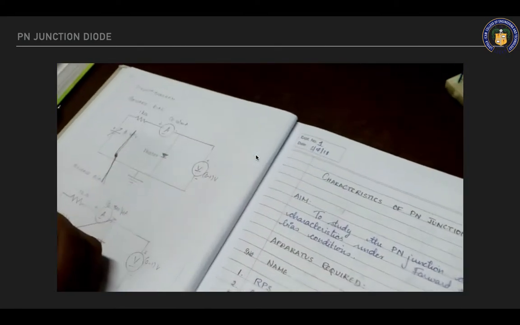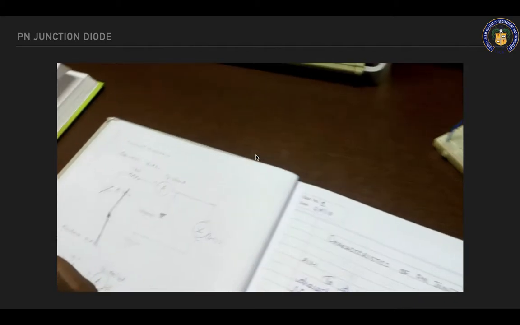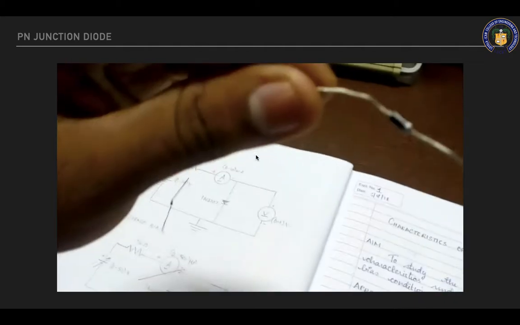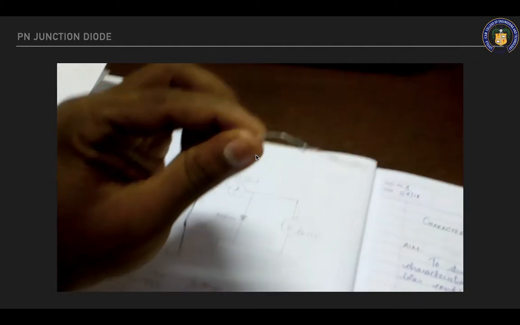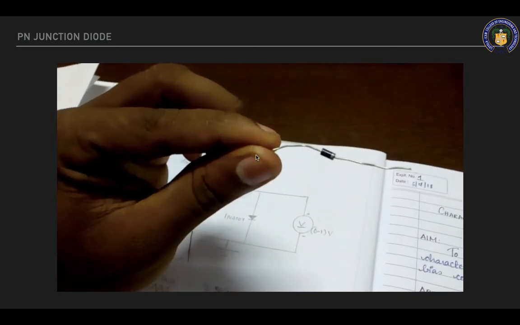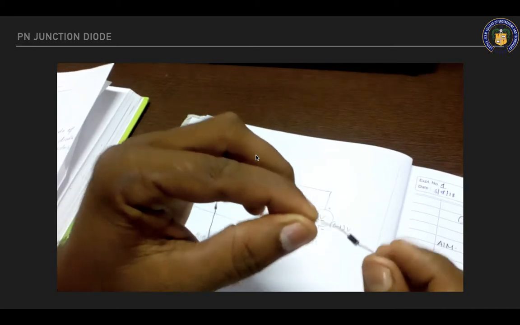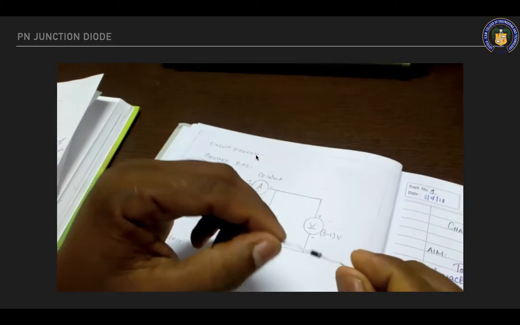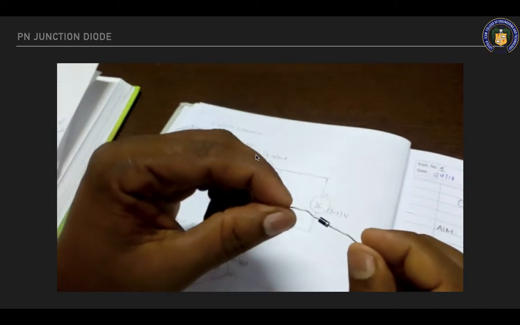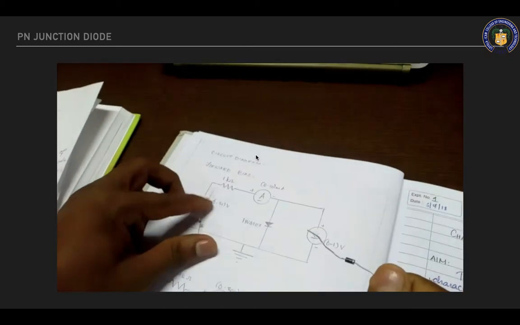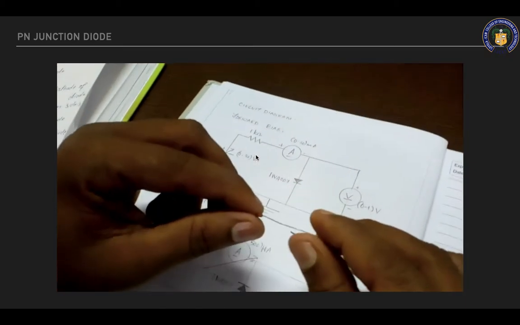Characteristic of PN junction diode. The diode polarity is anode and cathode. This silver ring is on the cathode, this side is anode. Diode number is 194007. Another side is cathode, same for Zener diode.